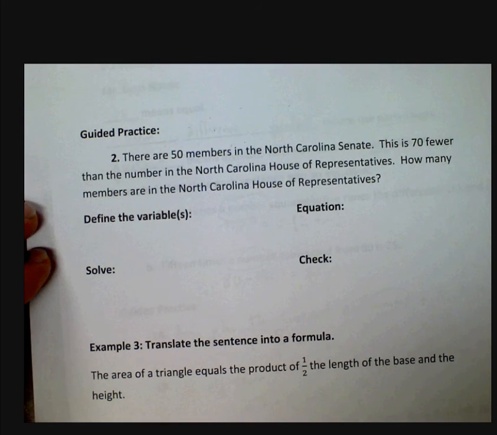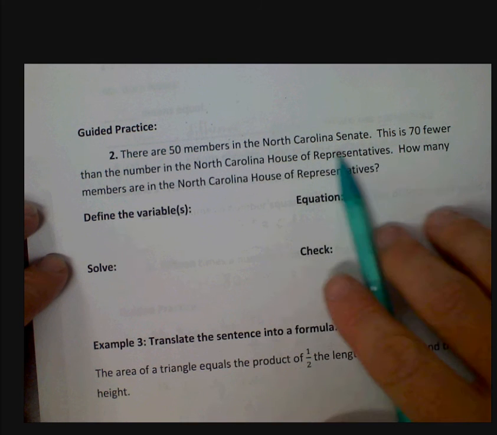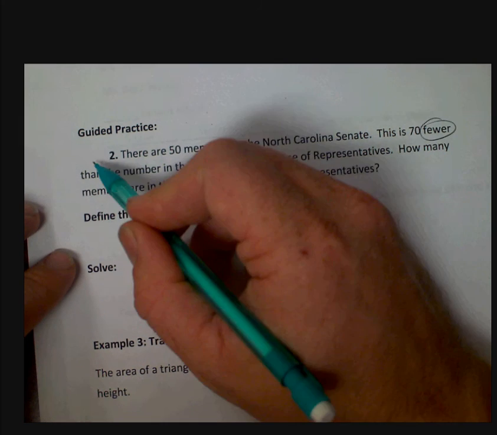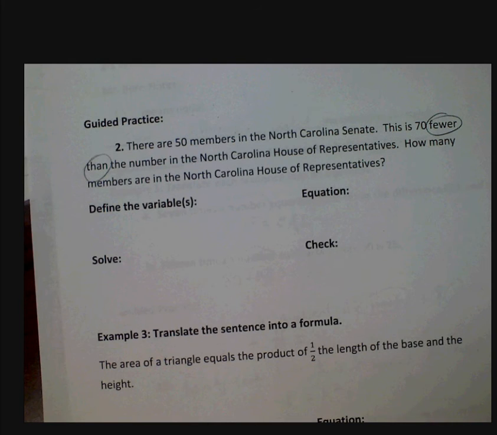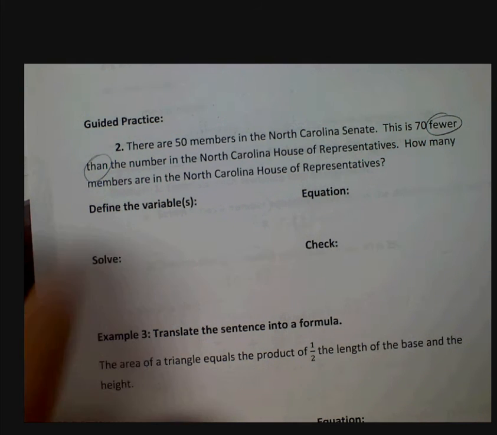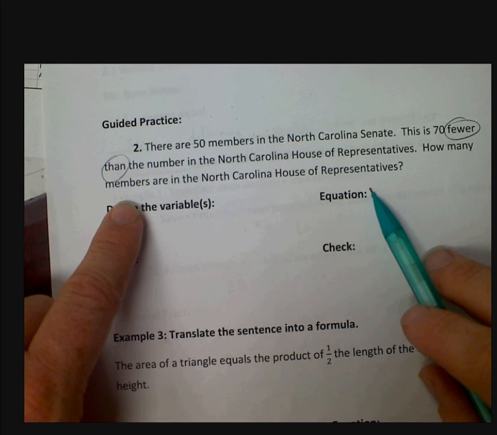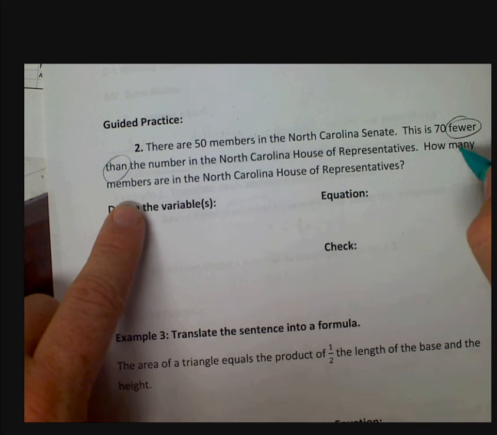Pause the video. There are 50 members in the North Carolina Senate. This is 70 fewer than. Fewer than means to subtract, but put it to the back. So I know I'm going to subtract. In North Carolina House of Representatives, how many members are there in the House of Representatives?